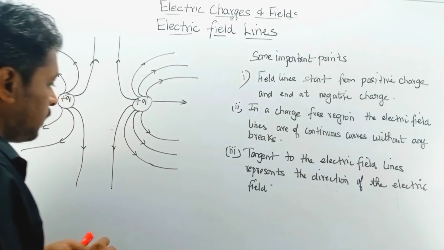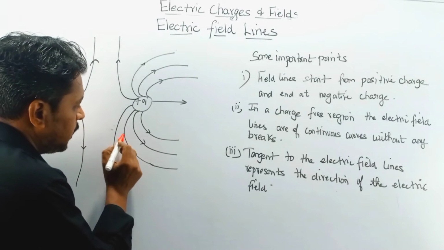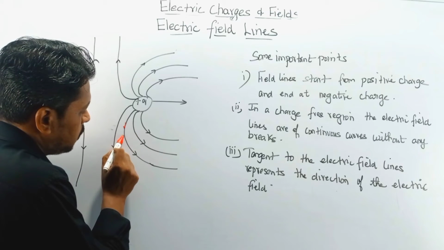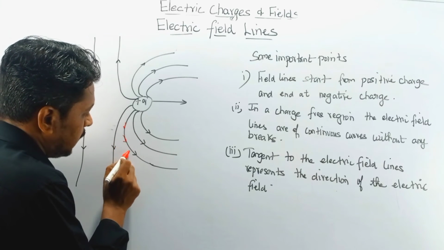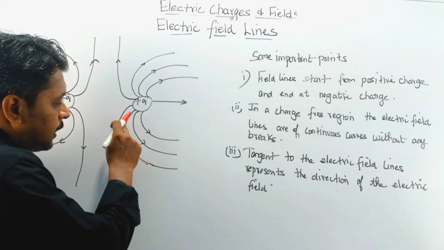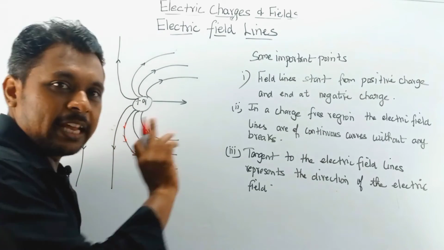Okay, so see here, if I am drawing a tangent to this particular electric field line, at this point this will be the direction of the tangent. So at this point this will be the direction of the tangent line. At this point this represents the direction. So see that the tangent represents the direction of this electric field line.